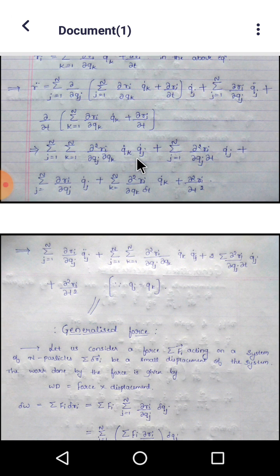That is equal to, when j equals k, meaning qj equals qk, see here, ∂²ri/∂qj∂t, that means ∂²ri/∂qj∂qk, ∂²ri/∂qj∂t, that's equal to 2 times the summation of ∂²ri/∂qj∂t times q̇j. Okay.